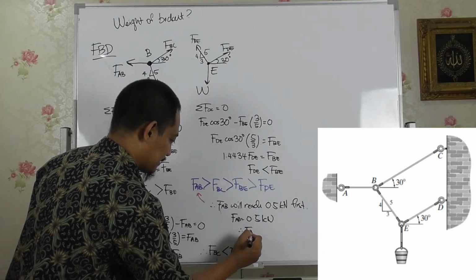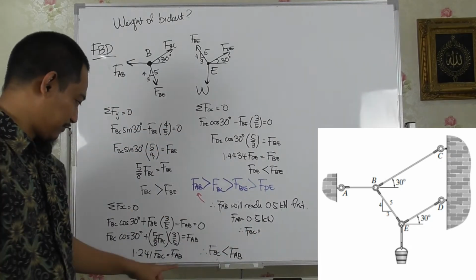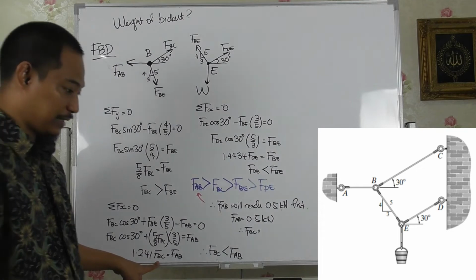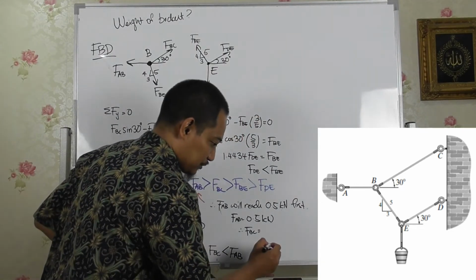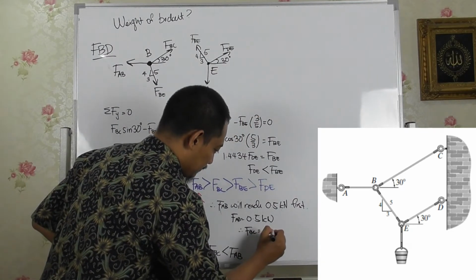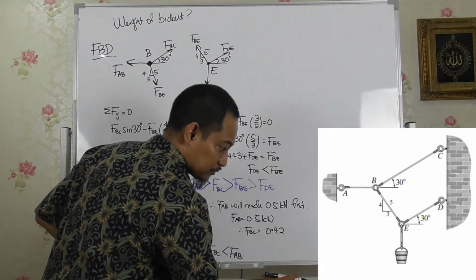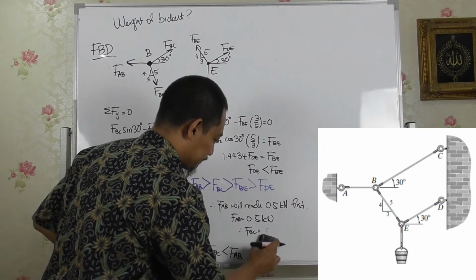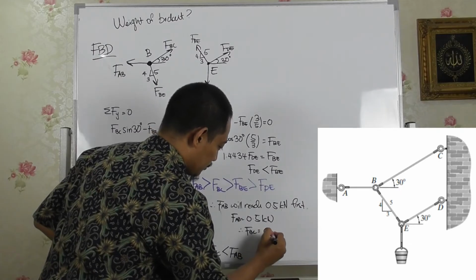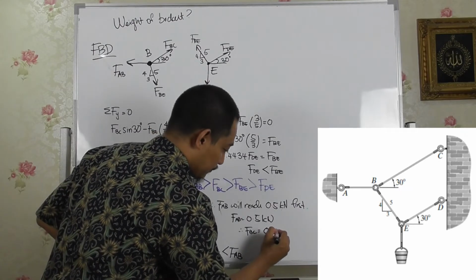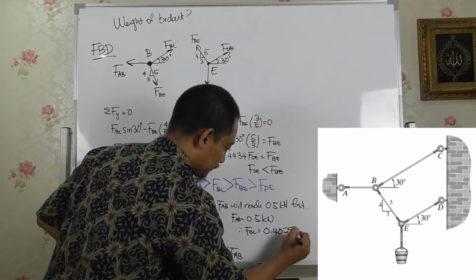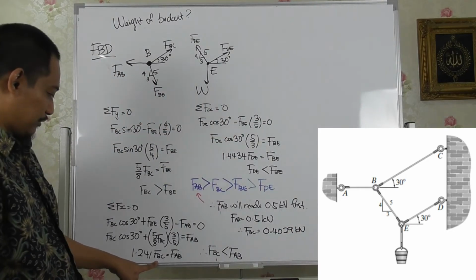From here, you just plug in 0.5 for FAB, and FBC will become 0.4029 kilonewton. So you know FBC.